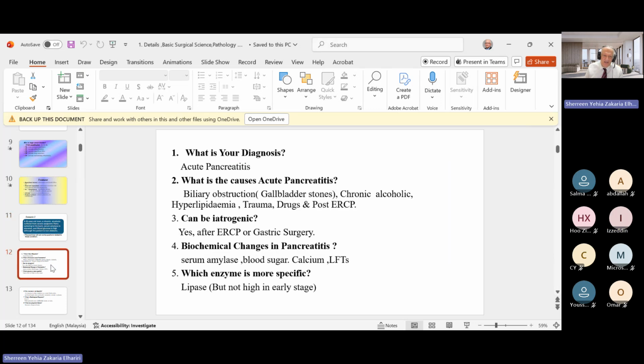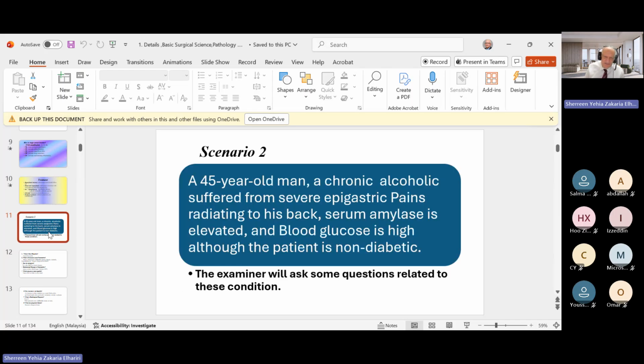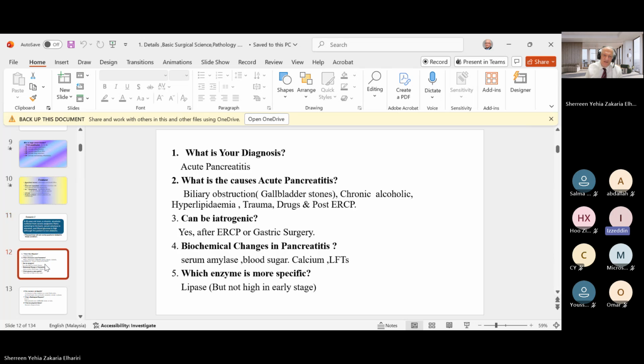Acute pancreatitis. Okay. What is the cause of acute pancreatitis in general? Not in this patient; I know this patient has pancreatitis because of alcohol. In general, like all other patients: stone, thrombotic stone, radiation, hypercalcemia.